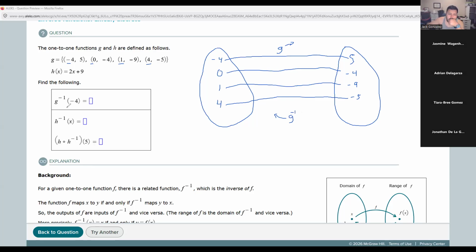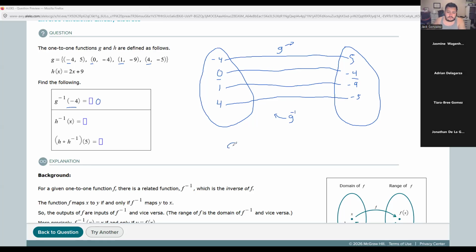So G inverse of -4 means send -4 back to the x, right? It's going back to 0. Do you see that? Does that make more sense? It's undoing what the original G did. That's why it's 0 right there.